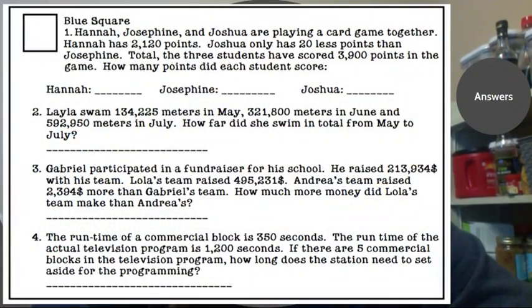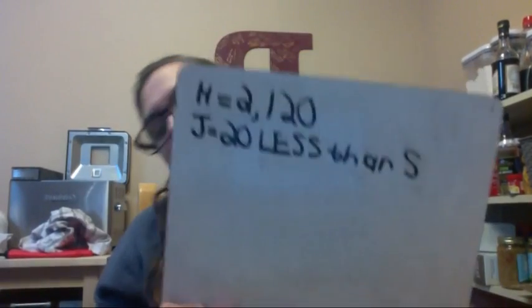So then it says Joshua, so I'm going to represent that with a J, has 20 less than who? Than Josephine. And I'm going to say Josephine is with an S. Okay? So this is my number board so far.